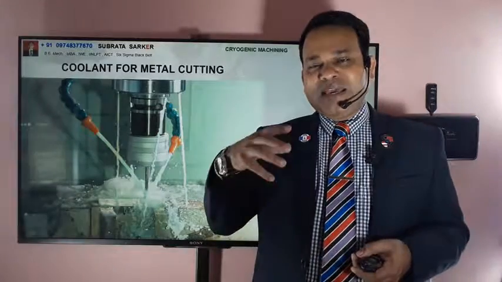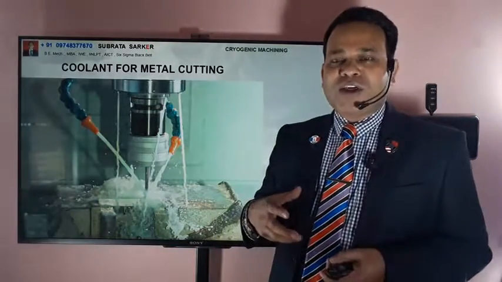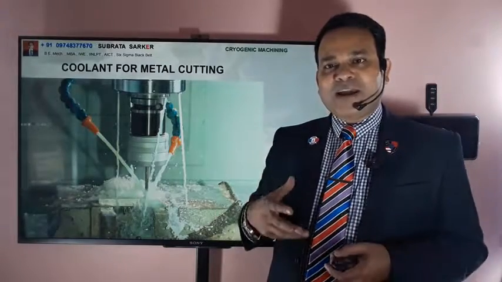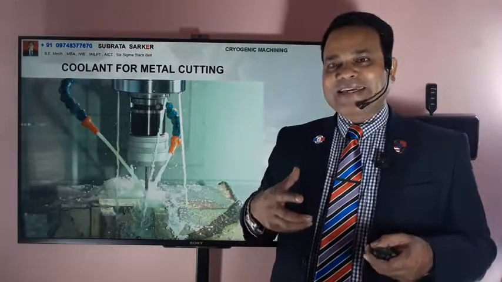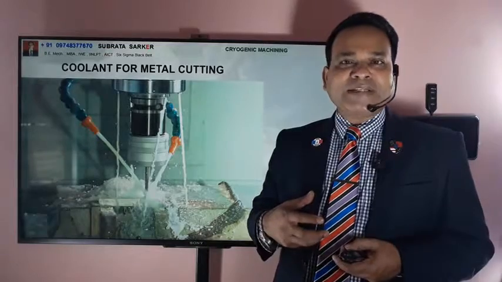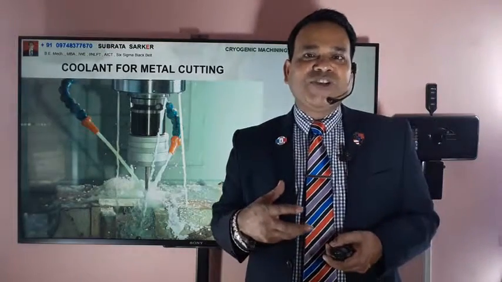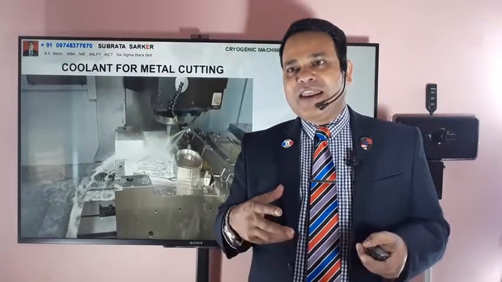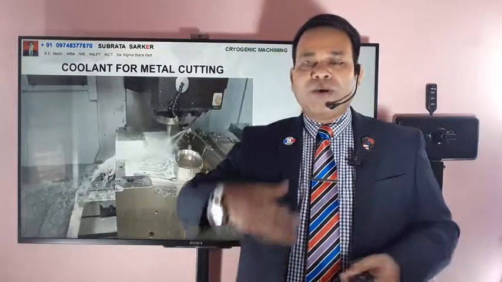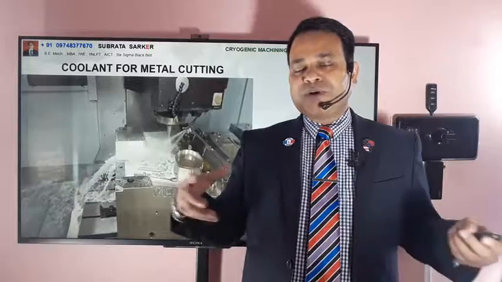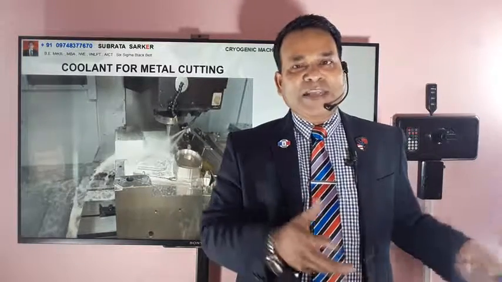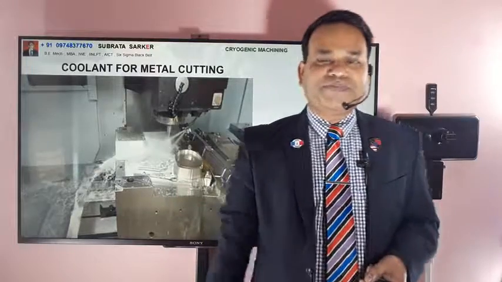Instead, if you mix some chemical, conventionally called coolant, into the water, then the water will look like milk and has a heat absorption capacity. This is the conventional way metal machining is done in the engineering industry, giving a coolant during machining so that productivity improves and tool life increases. This has been happening for decades.